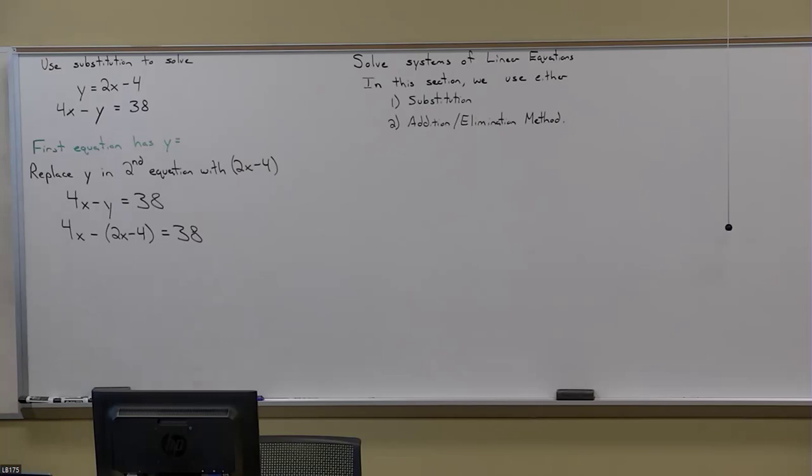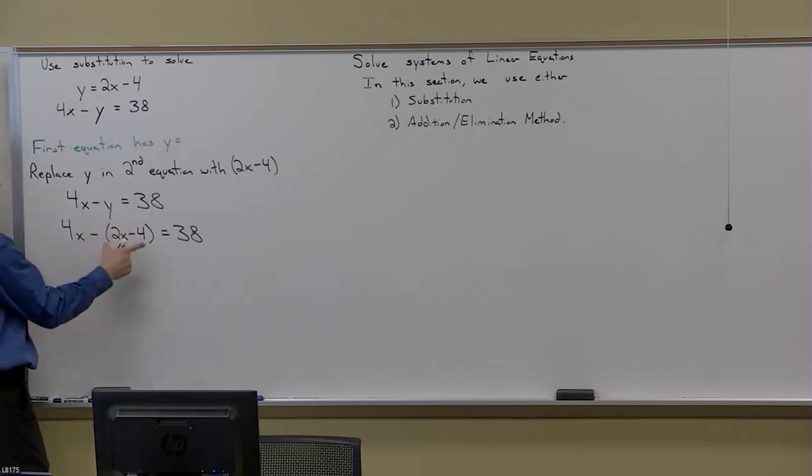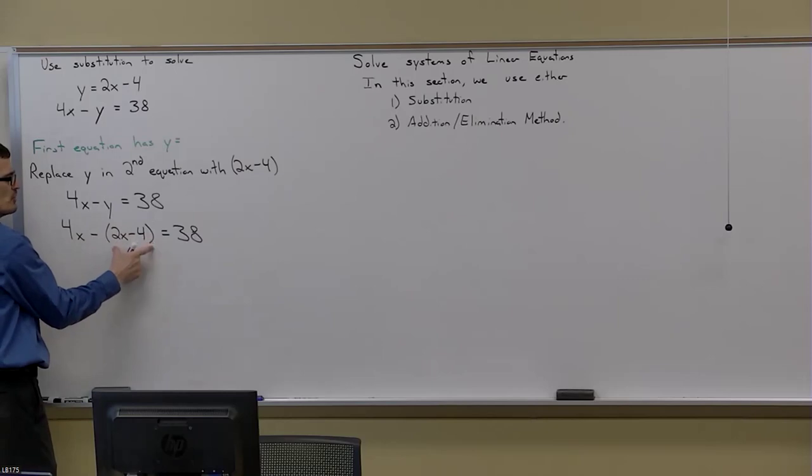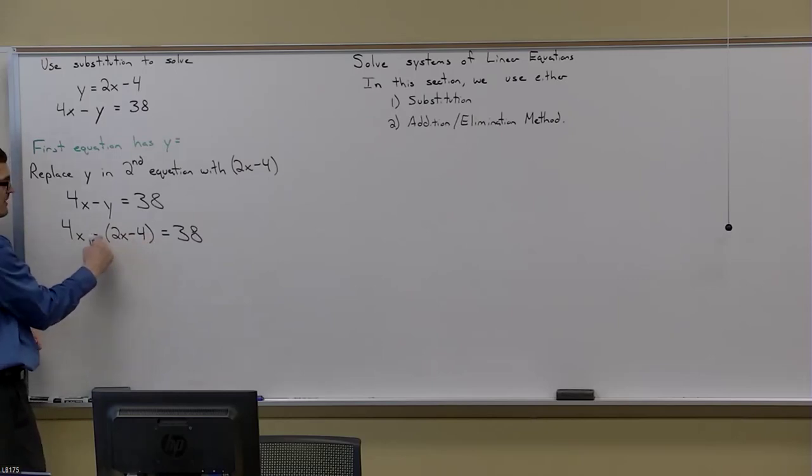Once I do that, then I can solve and get a value for x. There's no y's in here. Make sure when you do substitute, you put whatever the expression is inside of parentheses, because this minus out front is going to have to distribute.